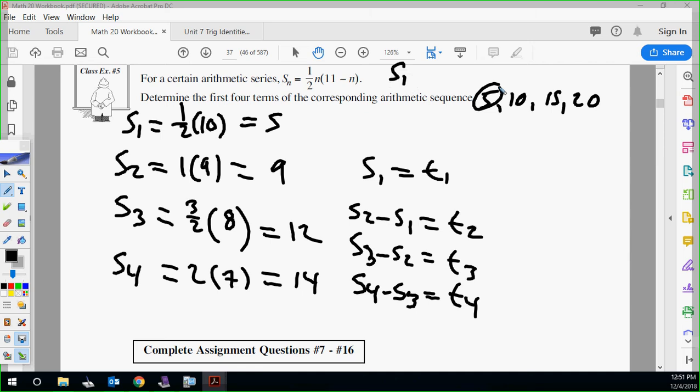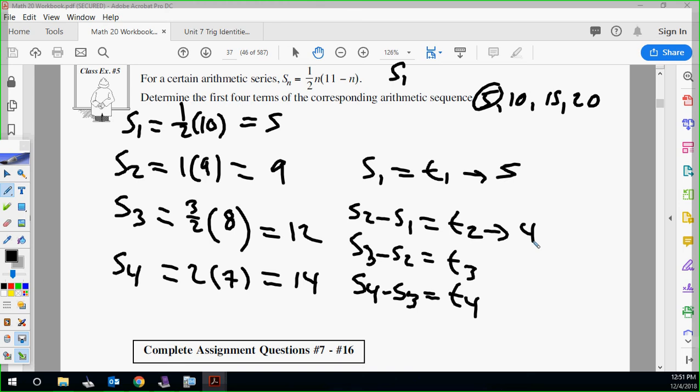So T1 and S1 are the same. So we can kind of cheat right now. 5, that's term 1. Okay, so what is term 2? 9 minus 5. 4. Because it's second series minus first series.